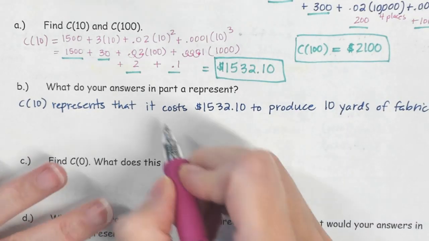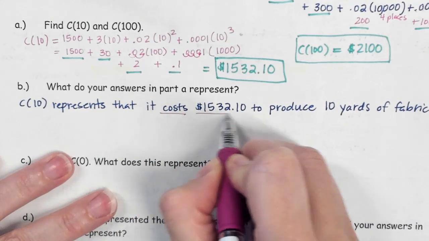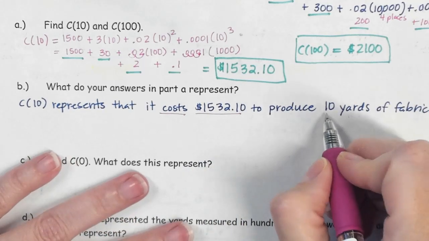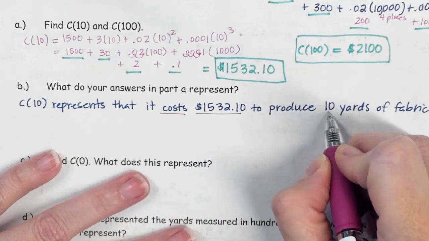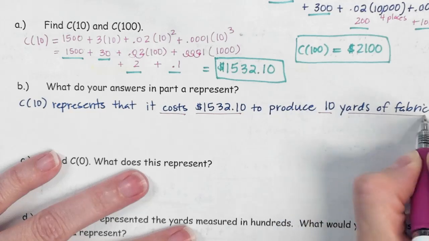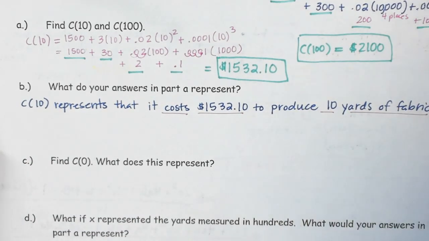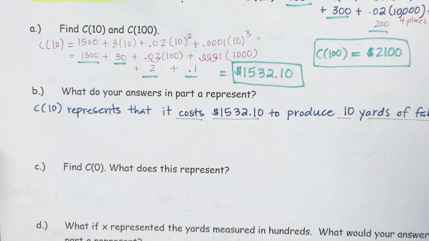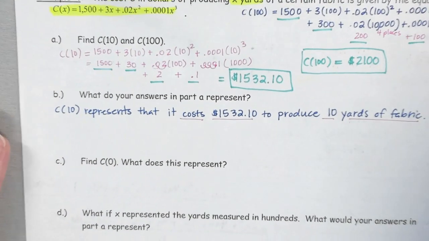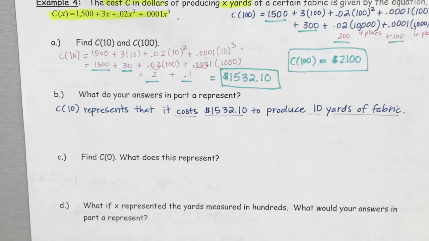Notice that you have the cost, the units, that's your output, and then the input is the 10, and then you have your yards of fabric. Those are the key things that I'm going to be looking for. Do you think you could do it with the second one?